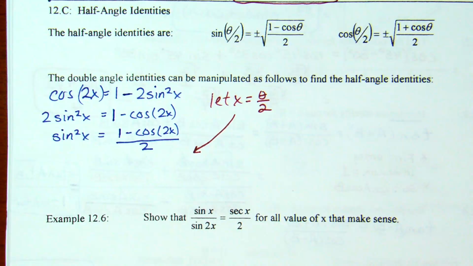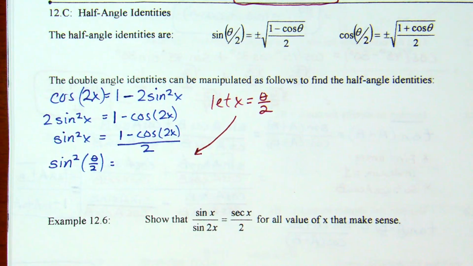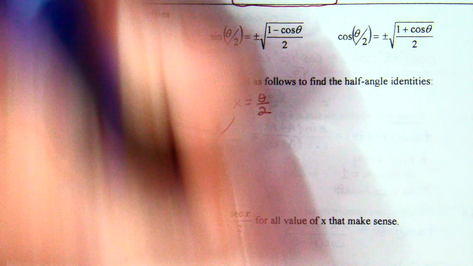Okay, good. Sine squared of theta over 2. 1 minus cosine of 2x is now going to be 1 minus cosine of 2 times theta over 2, all over 2.